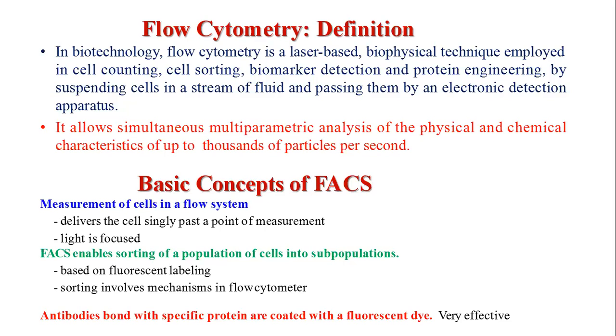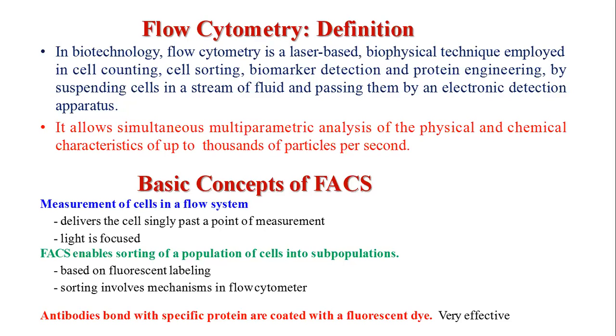So this is very effective. Very specifically, we can do this cell sorting because here we are using an antibody-based technique, and we know that antibodies are very specific proteins that can be coated with a signature molecule. Mostly these are the fluorophore or the fluorescent dye, and this fluorescent dye will give us the data, the indication.